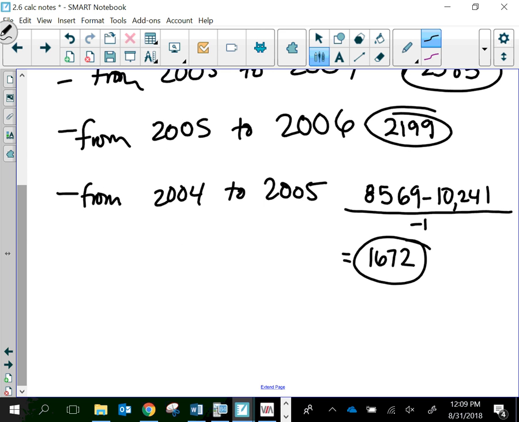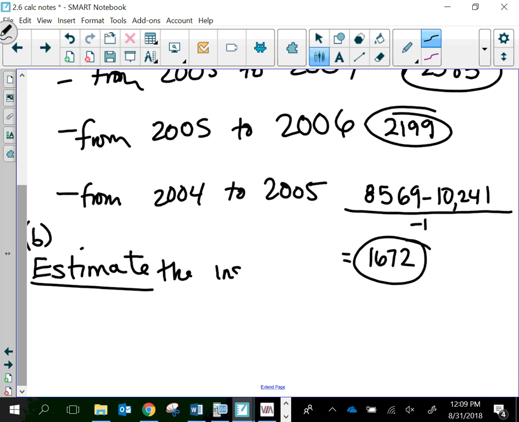Now let's look at, and notice the word is estimate, because we can only do what we can do. Estimate, this is part B, the instantaneous rate of change in 2005.